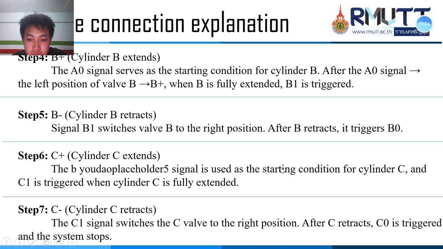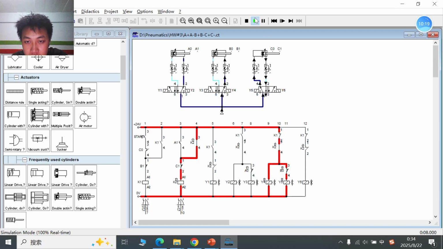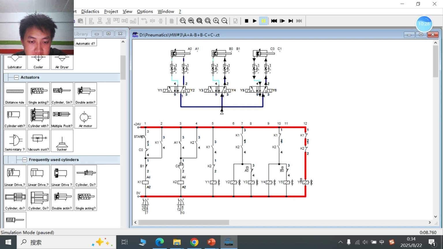The signal is used as a starting condition for cylinder C, and C1 is targeted when cylinder C is fully extended. Okay, then you can see the K2 is a relay, and when C1 is touched, the C1 switch is off.